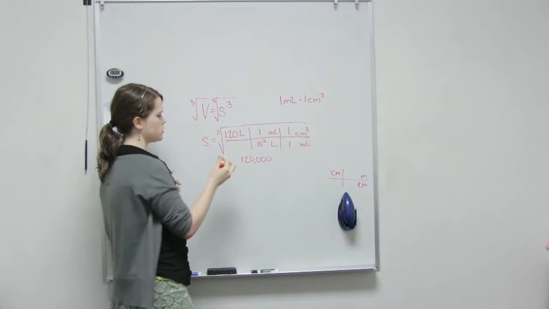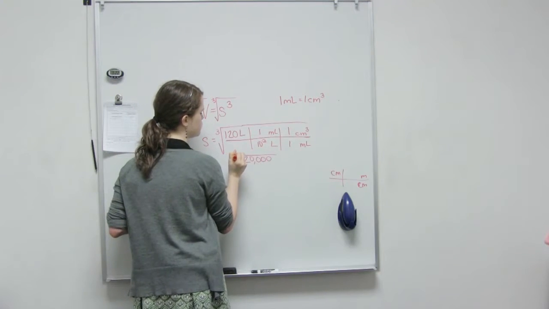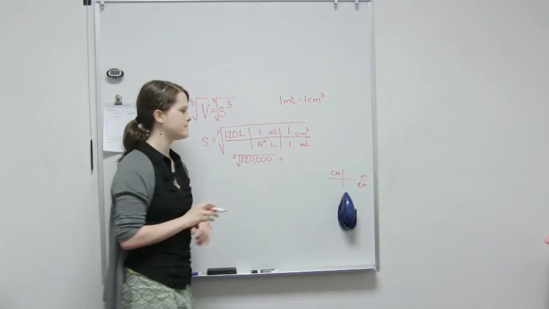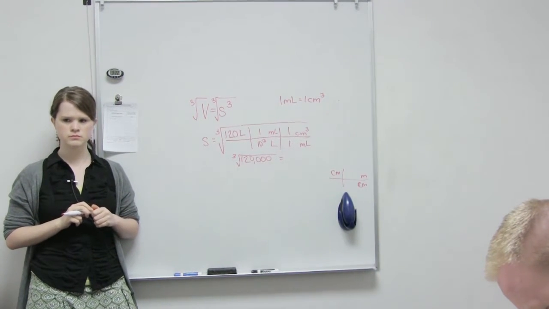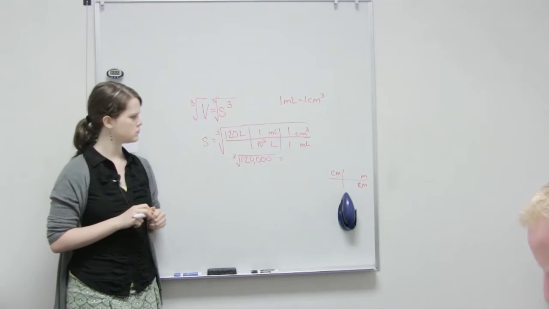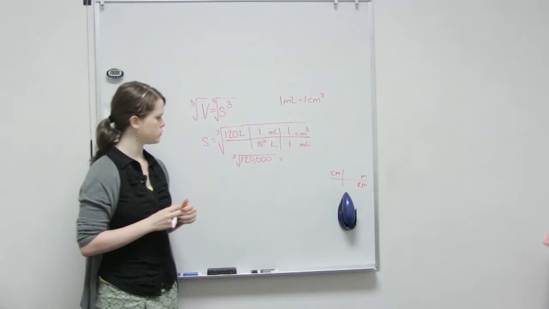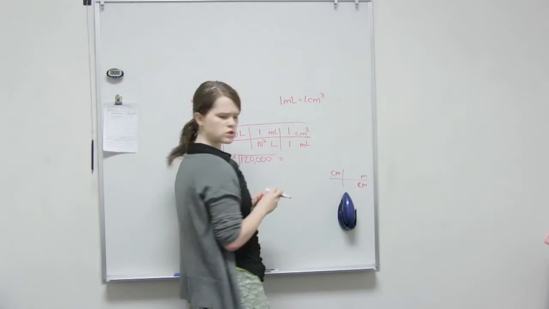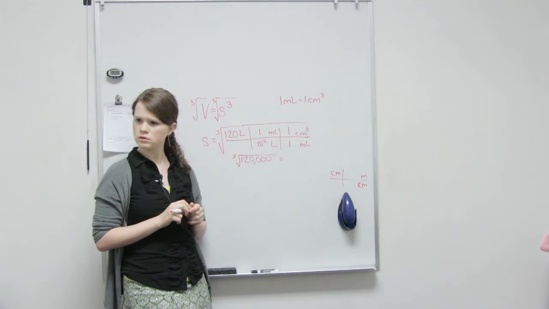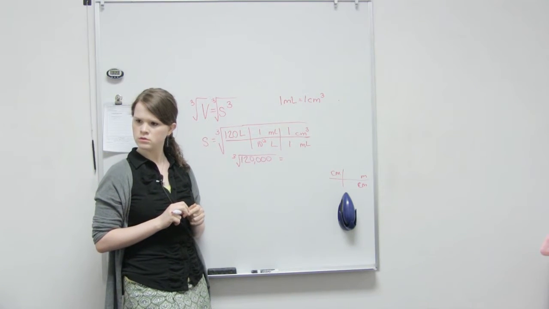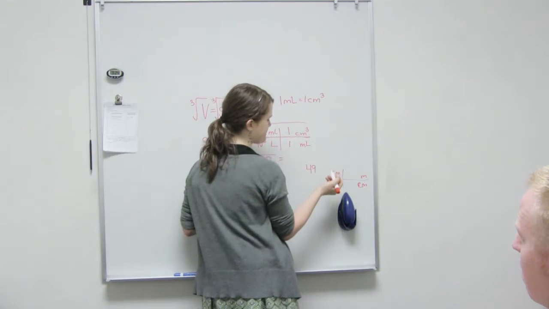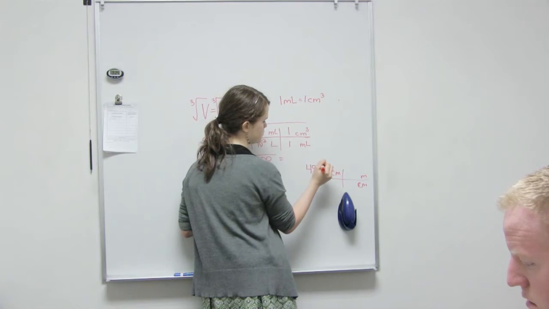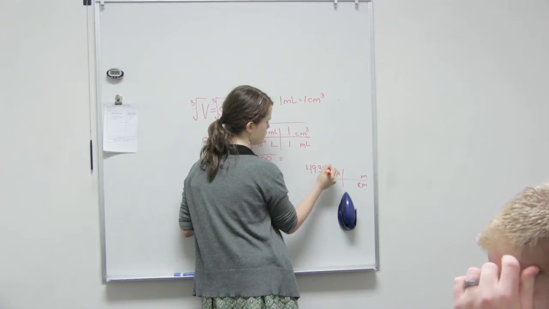Oh, and then we would cube root this. So what's the answer for the cube root? 328.65. Is that square root or cube root? Cube root. Okay. So then we got to 49.324.